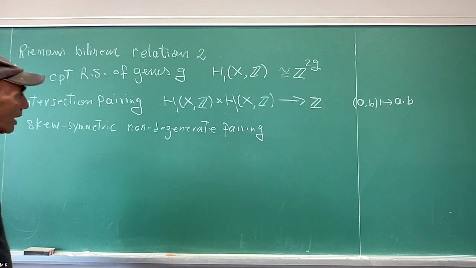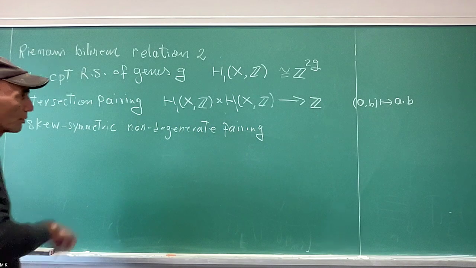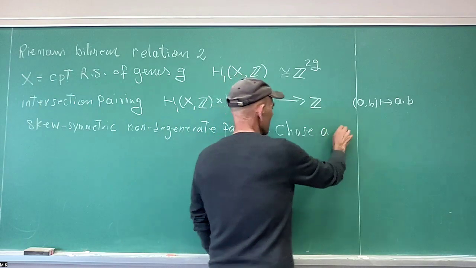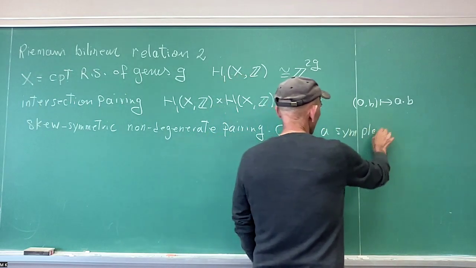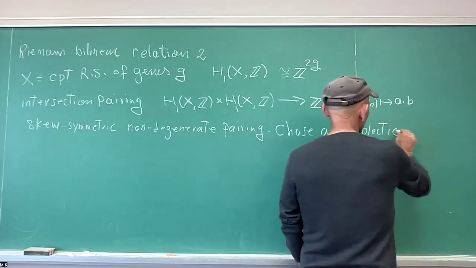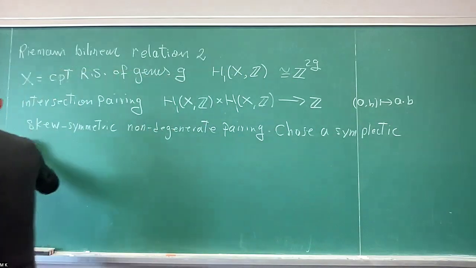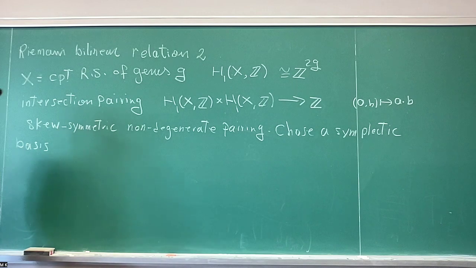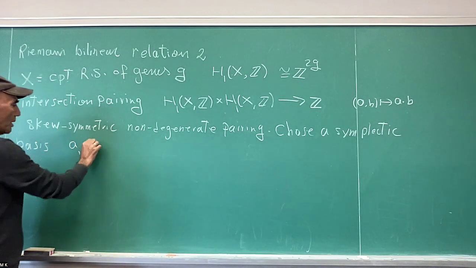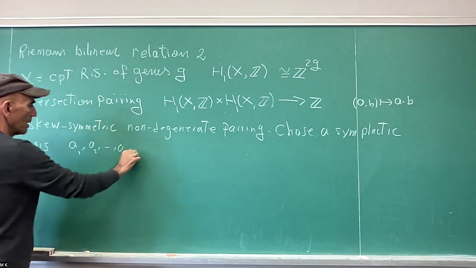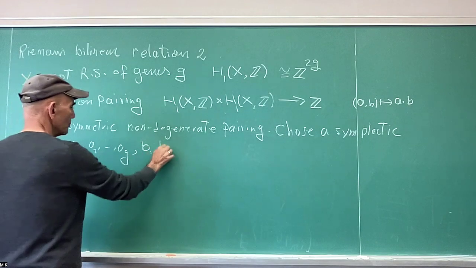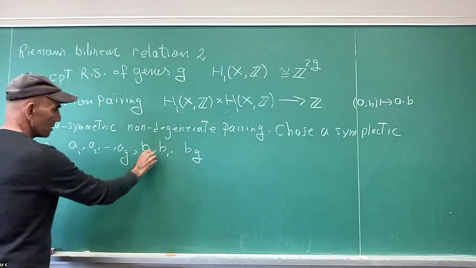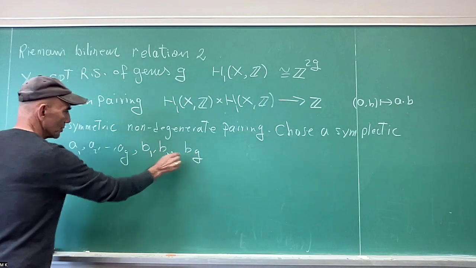So then I showed how to choose a so-called symplectic basis here. A symplectic basis is a basis that satisfies the following properties. We call them A1, A2, ..., Ag, and the other one is B1, B2, ..., Bg.